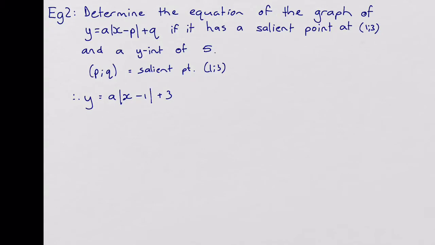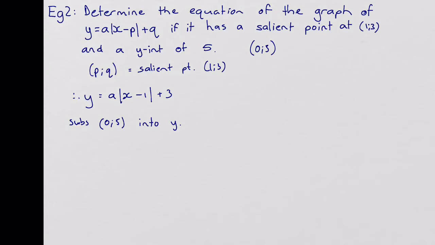They've told us that there is a y-intercept at 5. That means that coordinate is (0, 5). So we can substitute 0 and 5 into y. We would get 5 as the y value is equal to a into the absolute of 0 minus 1, plus 3.